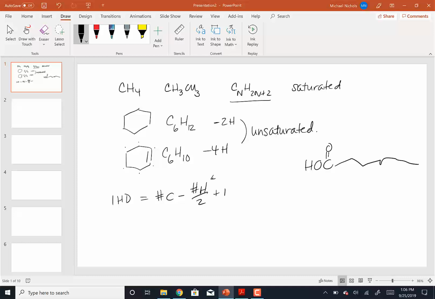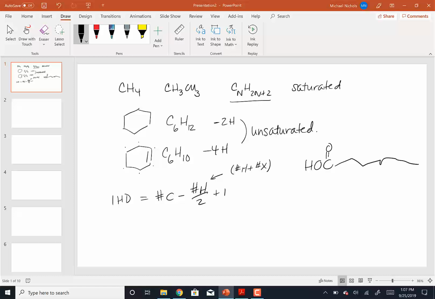The number of hydrogens could also be the number of hydrogens plus the number of halogens, because a halogen replaces a hydrogen in the structure. Oxygens don't count, and nitrogens give you about 1/2 of a term, which I'm not going to worry about. So with just C, H and O, with O not counting, this is how you calculate the degrees of unsaturation from the formula, by figuring out C so many, H so many.